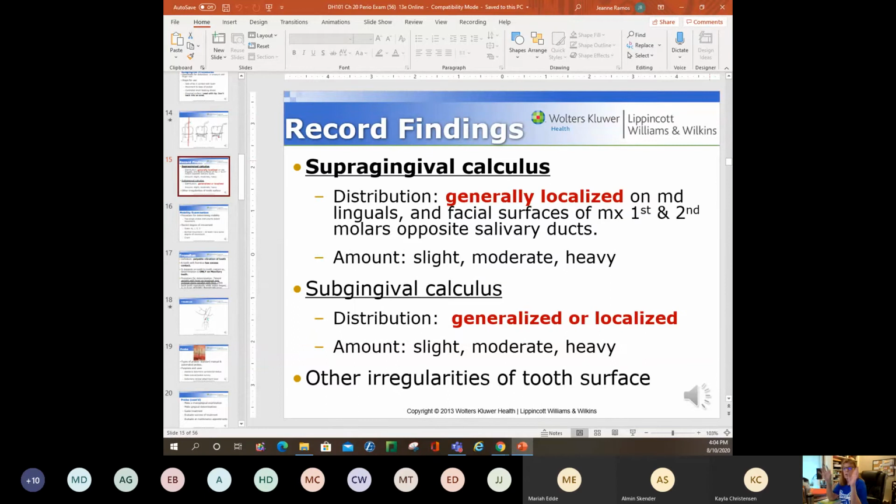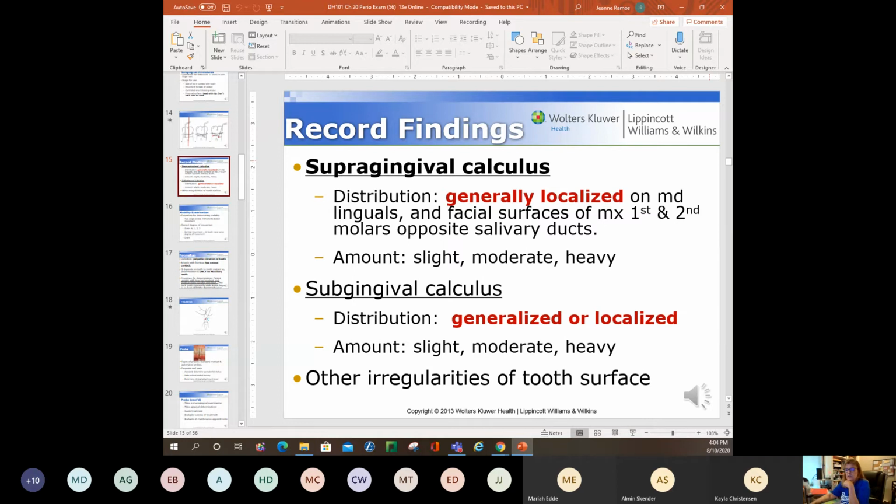If it's all over the mouth, it would be generalized slight because it was everywhere, or moderate or heavy. So calculus distribution is either generalized or localized. It could be either one. And it's also categorized by slight, moderate, and heavy.